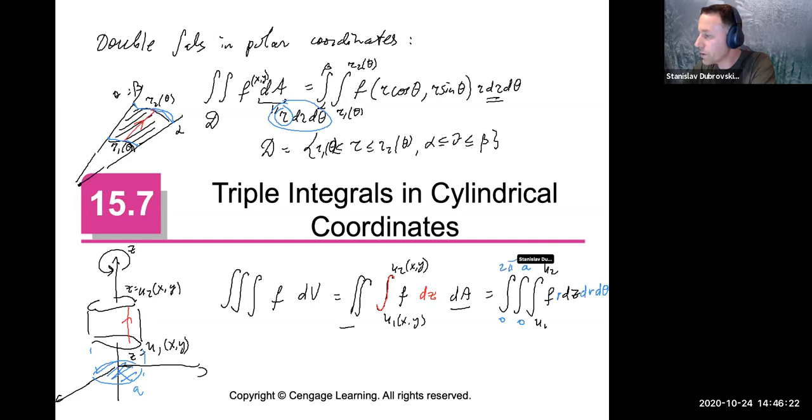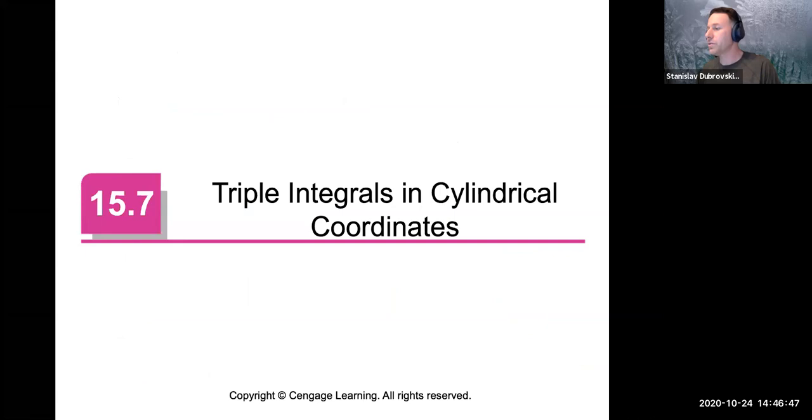Of course, this could be more general. But that's the idea. So let's see what kind of coordinates we will see in this case. This will be, of course, a straightforward generalization of polar coordinates, where we're just adding z as the third coordinate.